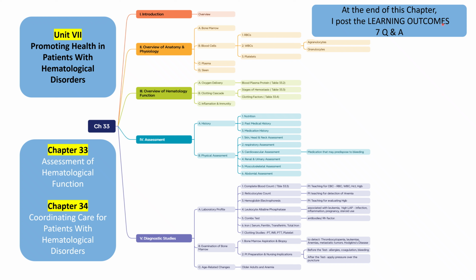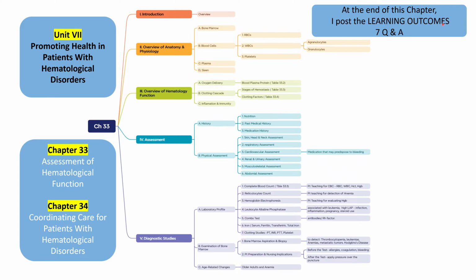The chapter also details the nursing actions involved before, during, and after those procedures, as well as potential complications like bleeding and infection. Then we will break down the keys of this chapter so we can really master it.